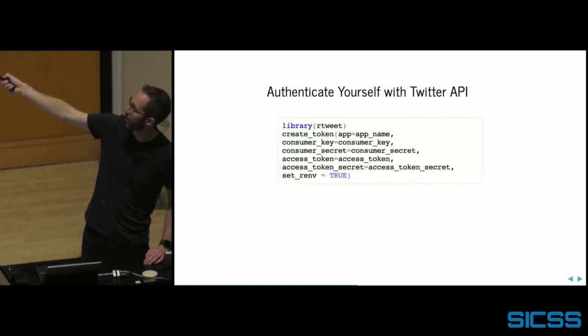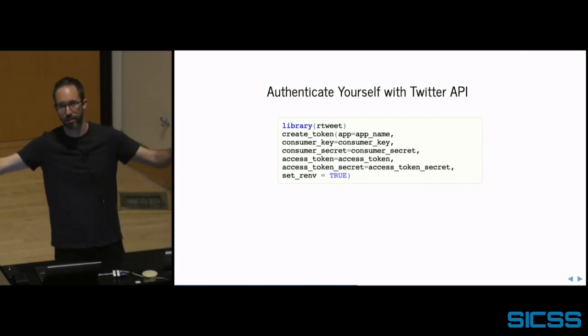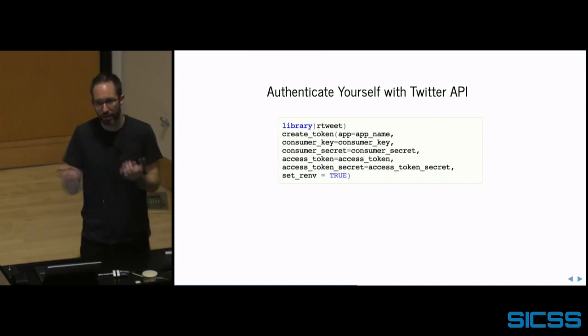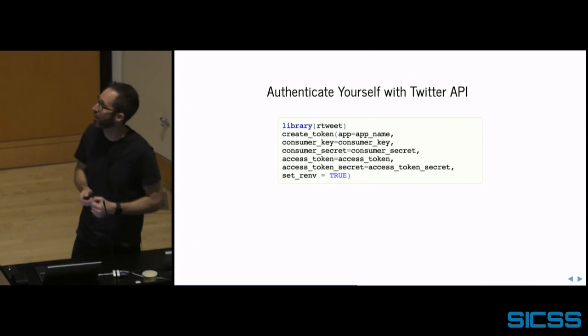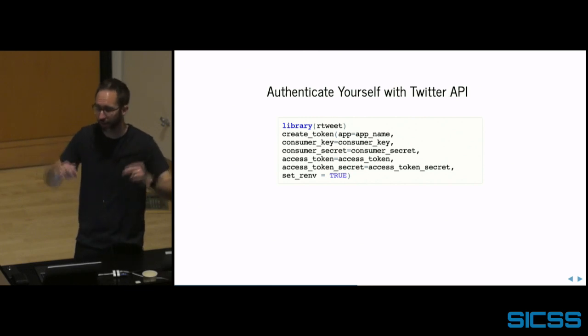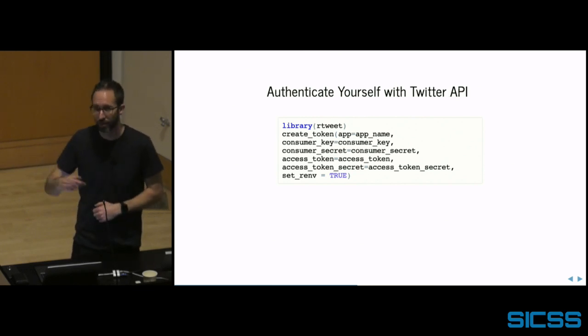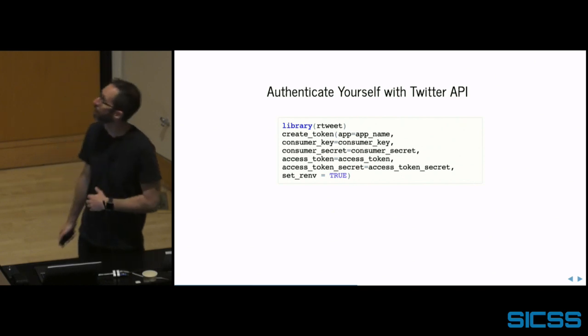So what this is doing is taking all our unique codes and stitching them together into a really long URL, then ingesting the JSON, parsing the JSON, and returning, or actually in this case, it's making a call to load our web browser via that callback URL that I was talking about earlier, and then you'd see that authentication dialog in your browser that asks you to authorize your app to collect data.